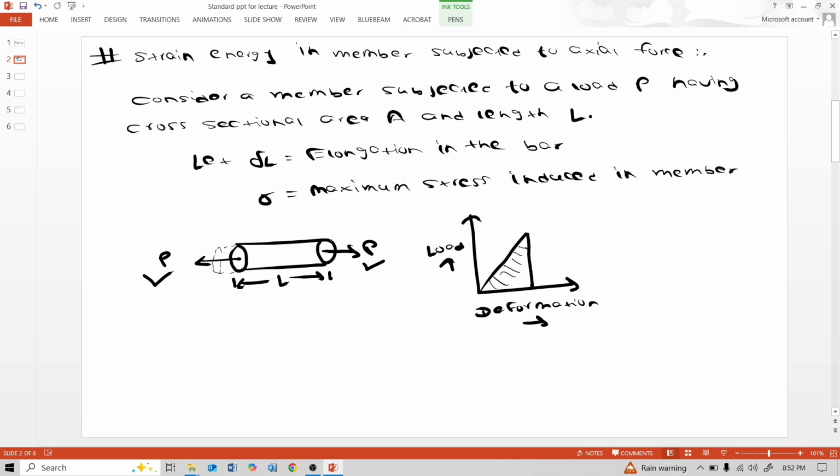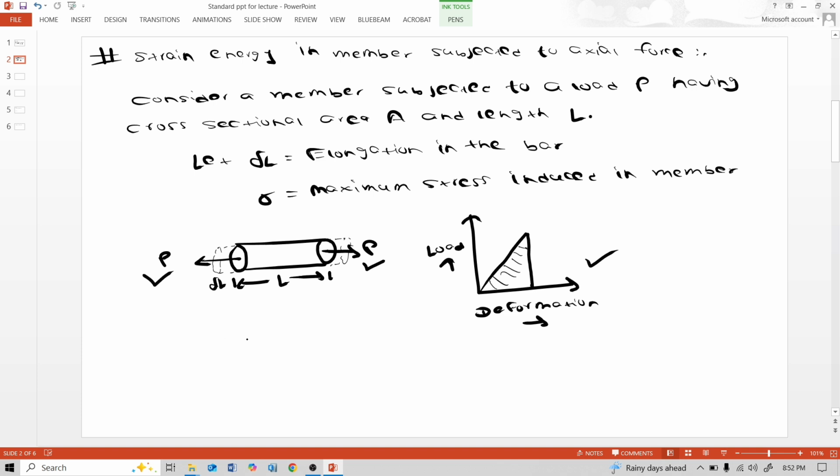It changes shape, somewhere delta L. And the graph is plotted as load versus deformation like this. And we know the strain energy stored in a material is equal to the area under the load versus deformation curve. This is the curve of load versus deformation, and the area under this.